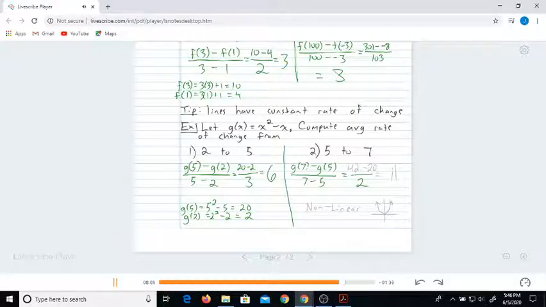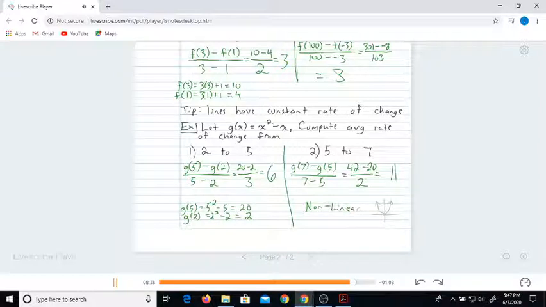Now g at 7, you plug it in, you're going to get 49 minus 7, which is 42. g at 5, when you plug it in, is going to be 25 minus 5, which is 20. And you get something interesting here. We get 11.